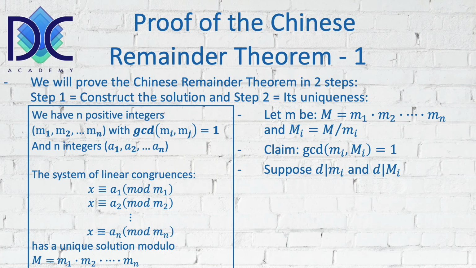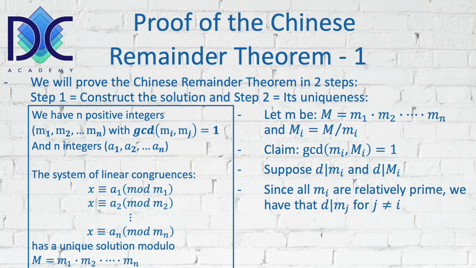We suppose that d divides mi and d divides capital Mi. When we suppose this, then we find that all mi are relatively prime.